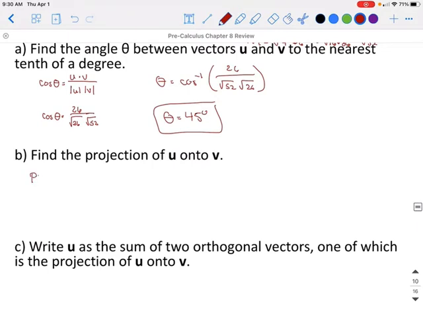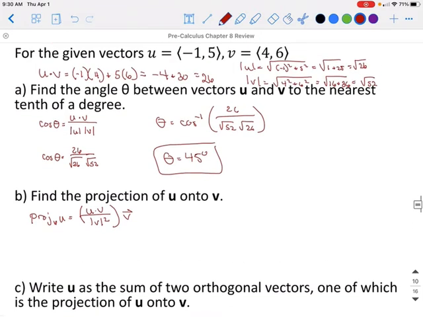Next, we need to find the projection of u onto v. To find the projection of u onto v, you are going to do u dot v over the magnitude of v squared times vector v itself. So we already know from previous that u dot v is 26. The magnitude of v is radical 52, but when we square it, that radical will disappear, so we're just left with 52.